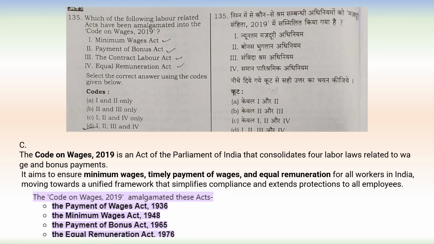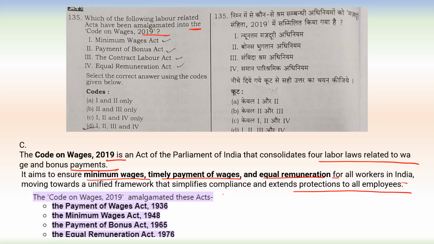Next one, which of the following labor related acts have been amalgamated into the Code of Wages 2019? The Code of Wages 2019 is an act of Parliament of India that consolidates four labor laws related to wages and bonus payments. It aims to ensure minimum wages, timely payment of wages, and equal remuneration. This is for all workers in India, moving towards a unified framework that simplifies compliance and extends protection to all employees.